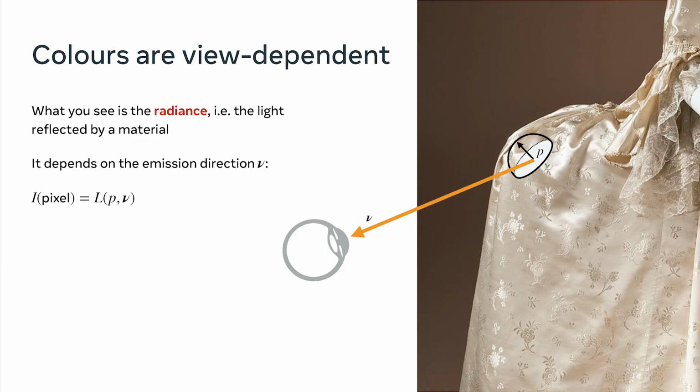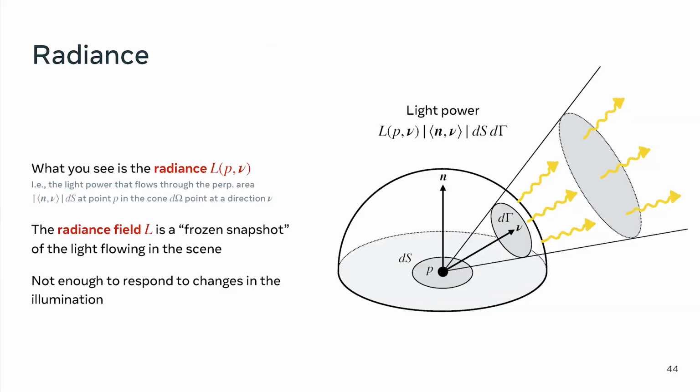Now, colors are, of course, view-dependent. We know that because we know about the radiance fields. So what is a radiance field? A radiance field is this function here, L, that associates to every point in space P and every direction nu a given color, right? So when you get your image, the RGB value you measure at a given pixel will be essentially the radiance which is emitted by the nearest non-transparent point in three-dimensional space, which is going to emit light in that particular direction.